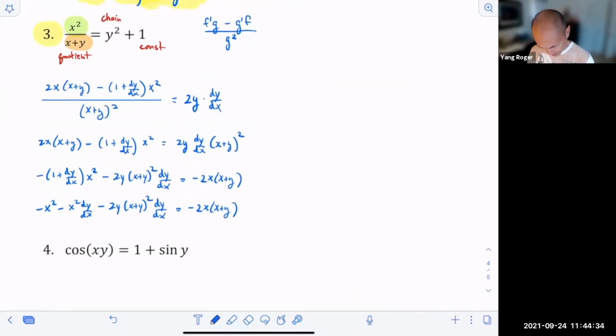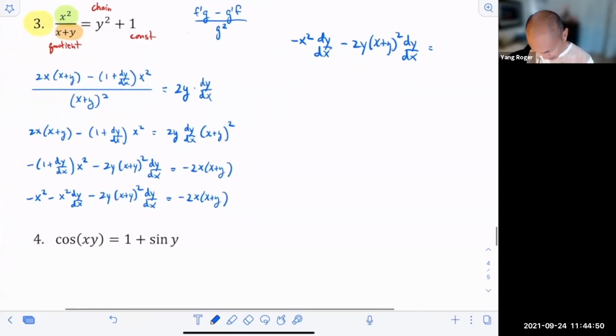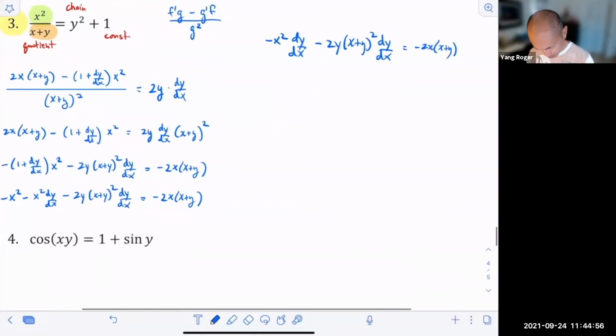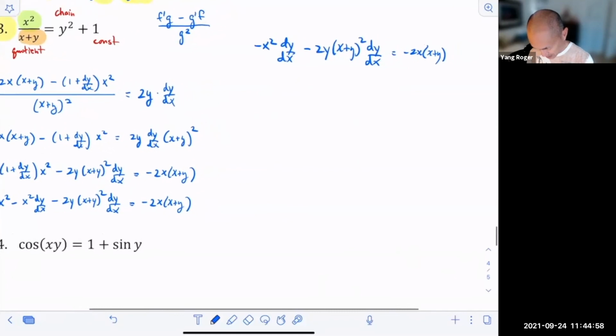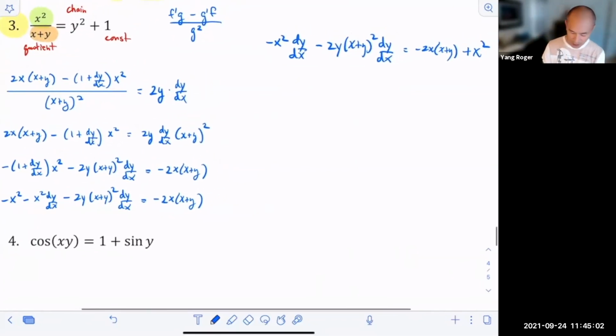So I'm going to have negative x squared dy dx minus 2y times x plus y squared dy dx equal to negative 2x times x plus y plus x squared. I just move that over.